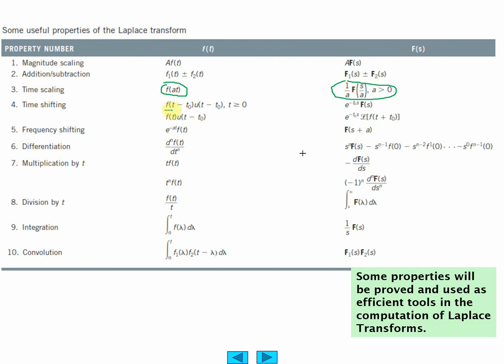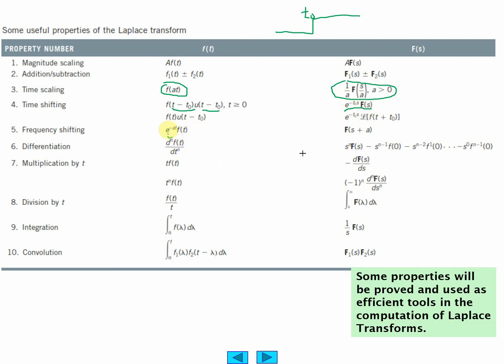This is a step function. You can shift it so that the function doesn't start until t0. So you integrate from 0 to something, and the step function doesn't step up until t0. This is what happens to the transform if you do that.